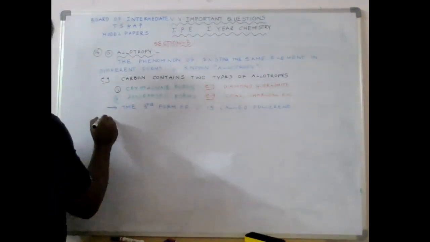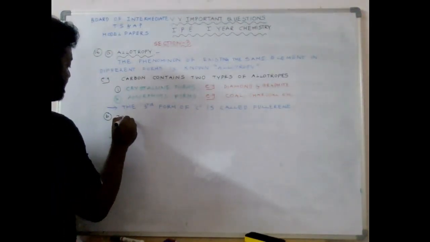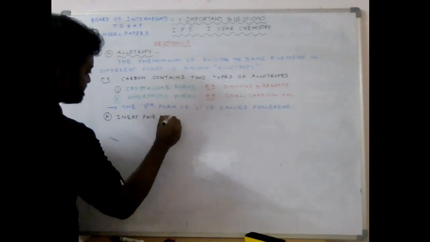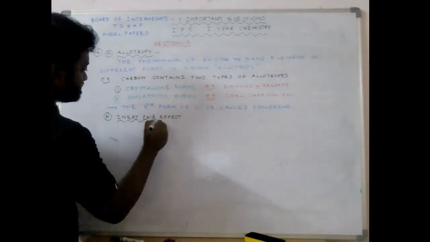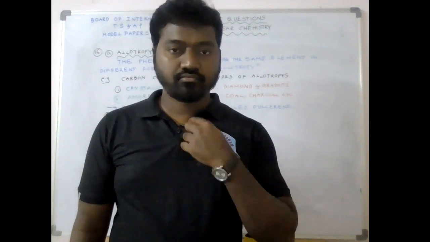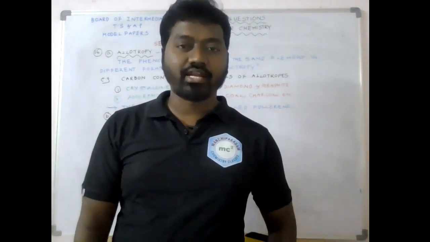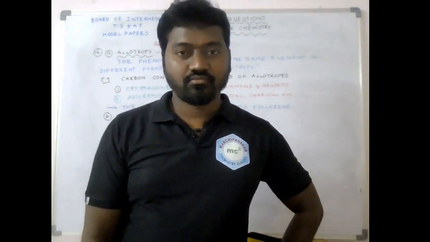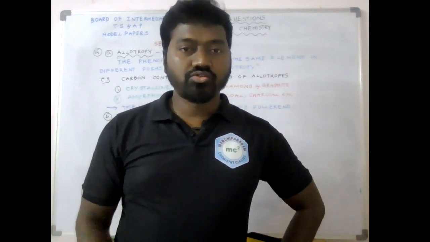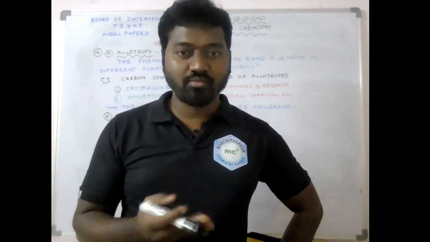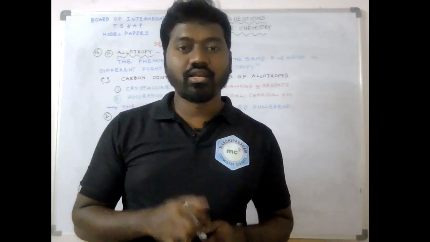This one is allotropy. One more was given: A is allotropy, B is inert pair effect. Inert means inactive. Inert pair is one pair that is inactive. Which pair? That is the electron pair present in the s orbital. Those 2 electrons, the pair of electrons, will show no interest to participate in bonding. The word we use is reluctance.